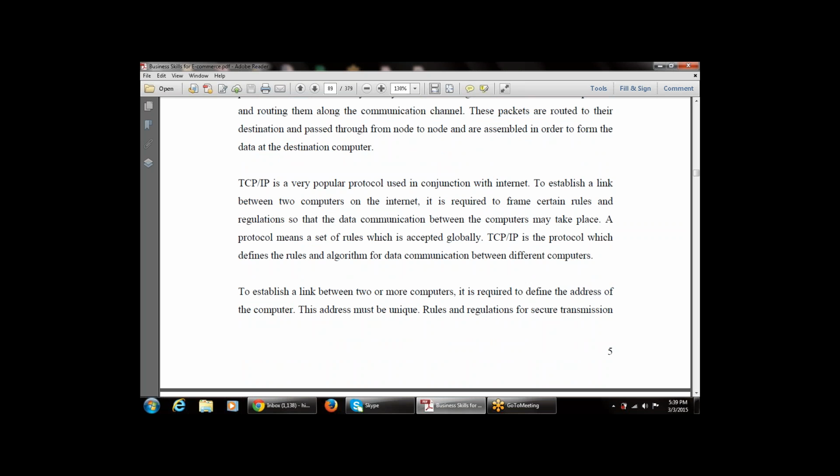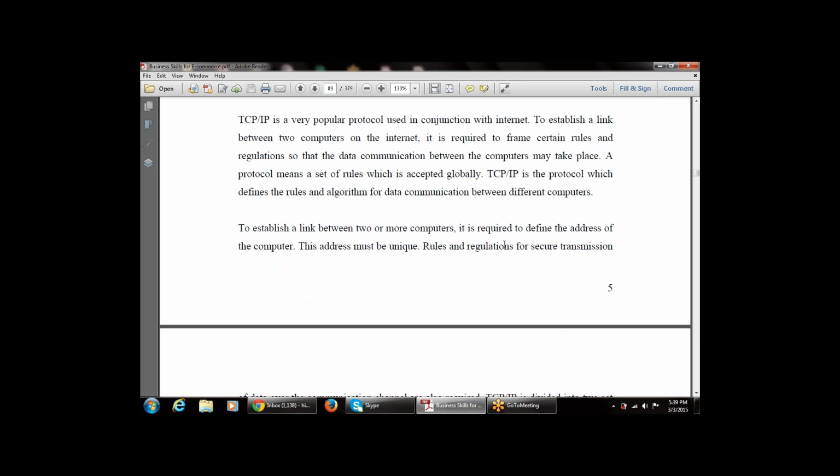First of all there must be an address of the computer. There must be a unique IP address. There must be a unique DNS, that is, Domain Name System, for the computers. So it is required to define the address of the computers. This address must be unique for each and every computer.